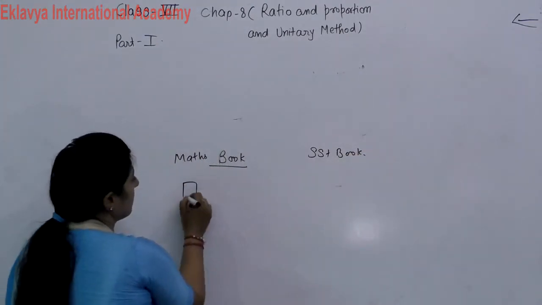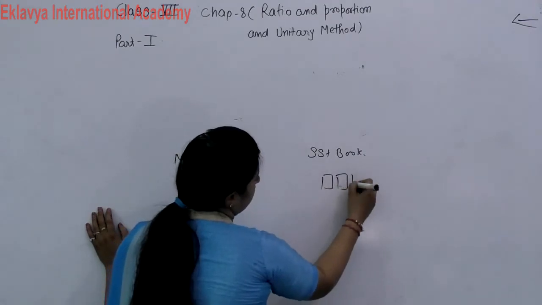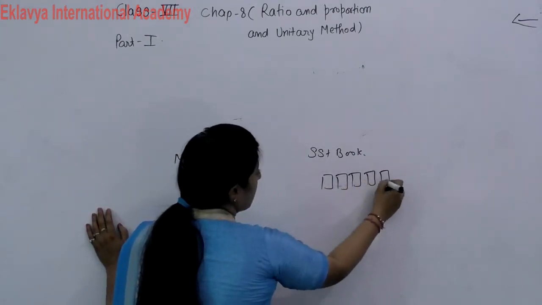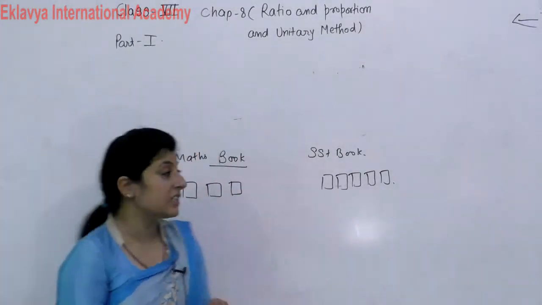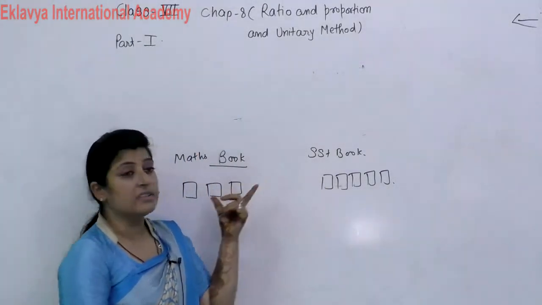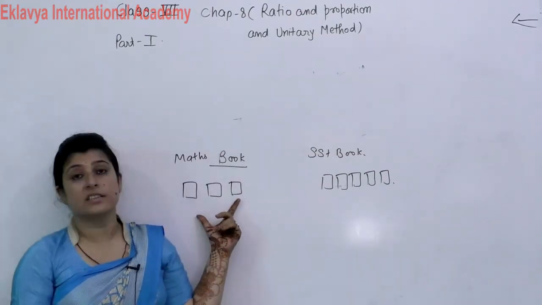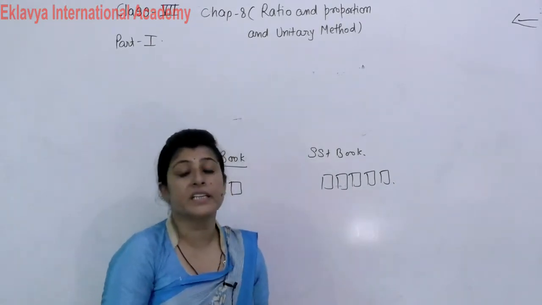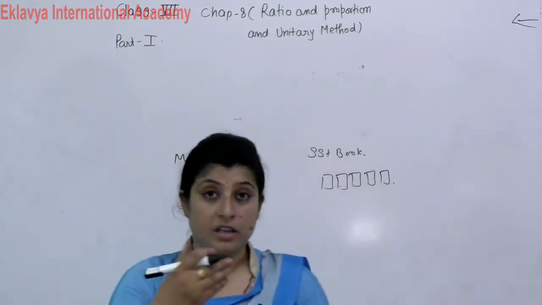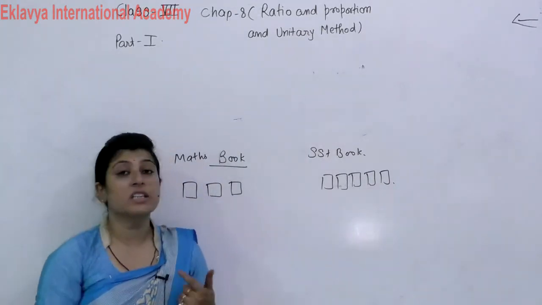You have 3 maths books and 5 SST books. Then one thing you can say is that the SST books are 2 more than the maths books. This is called the difference method. When we compare using words like more than, less than, then this is called the difference method.